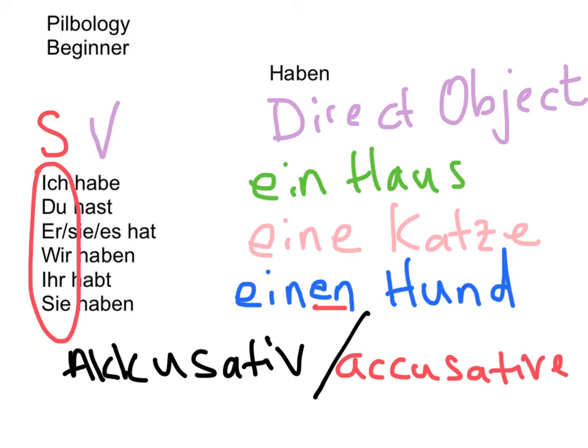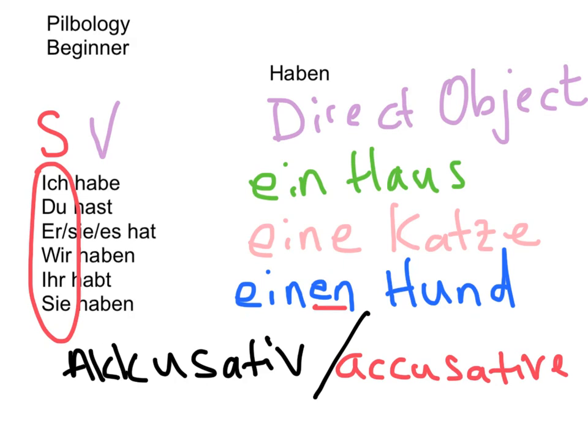You recognize it in that there's a subject and there's a verb. Those two normally go together, whether it's this way round or the other way round. And then the other item that's being mentioned in these simple sentences here is a direct object. So if I wanted to say, at home, I have a cat, the I is still the subject and the cat is still the direct object. It is what I have. Alright, that is the accusative case, and that is the rule for conjugating haben.